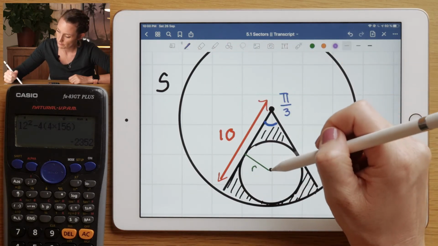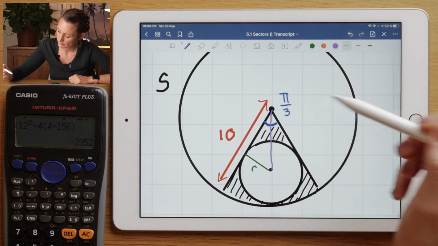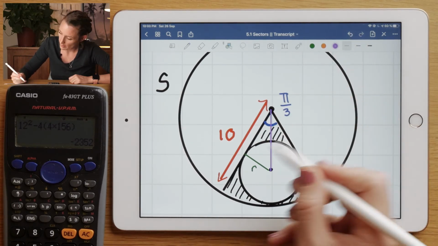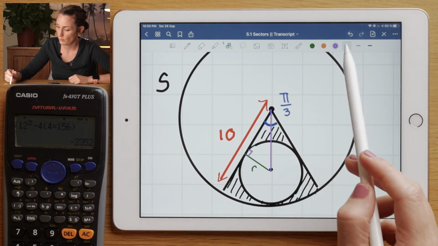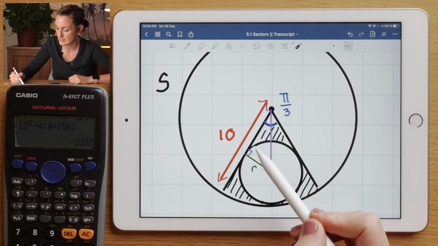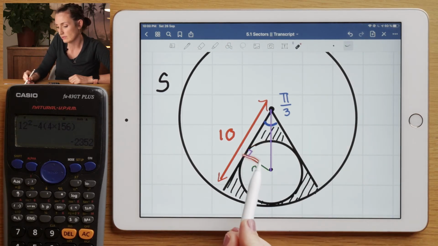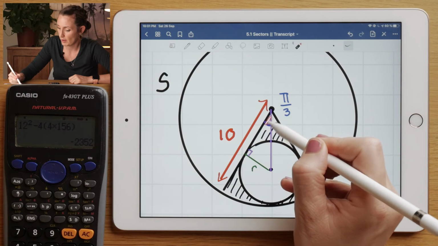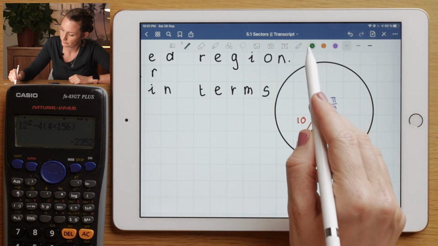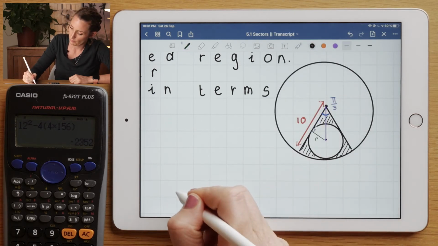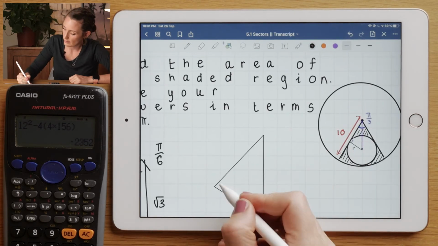So what we do is we join this up here and we pencil in our right angle like that. Now, if we look at this, we can imagine that this is 90, this is r, and this is now going to be pi over 6. So if we were to zoom in and draw that again a bit bigger, what we've got is something that looks like this.